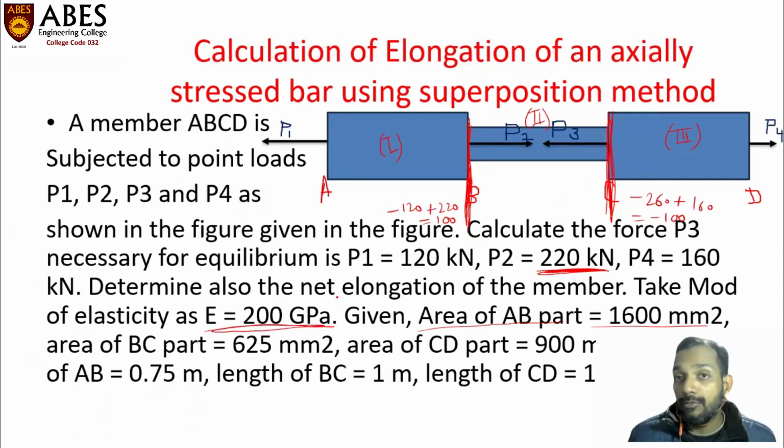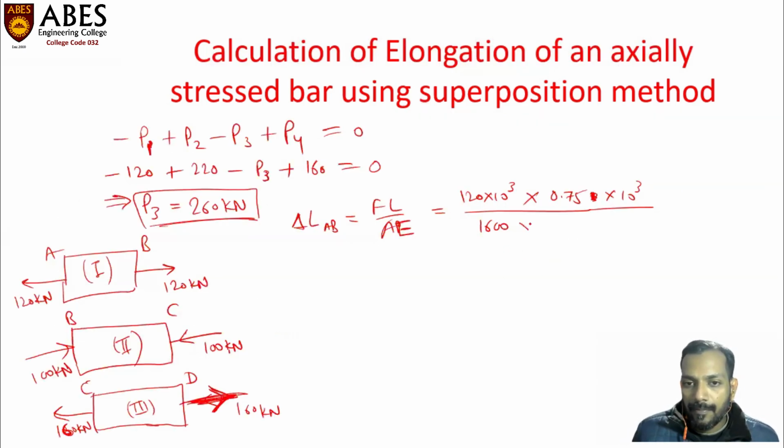We will convert this value into megapascal because 1 megapascal is equivalent to 1 Newton per millimeter square, and we are using Newton and millimeter for force and length. So we convert gigapascal into megapascal by multiplying by 10 raised to the power 3: 200 into 10 raised to the power 3. In this way, we can calculate the effective elongation of the portion AB.